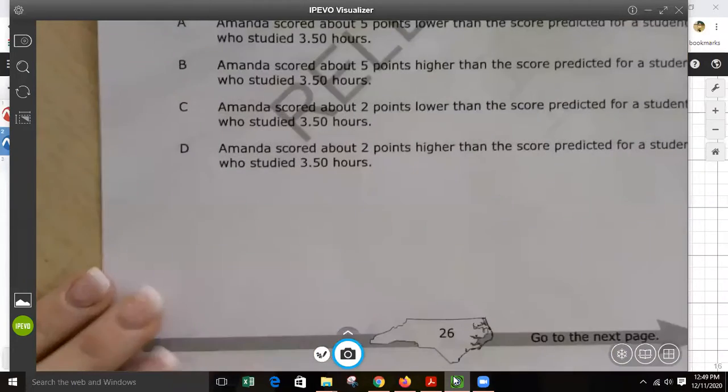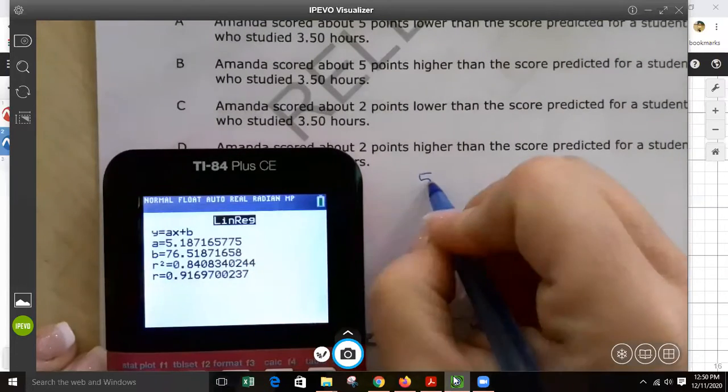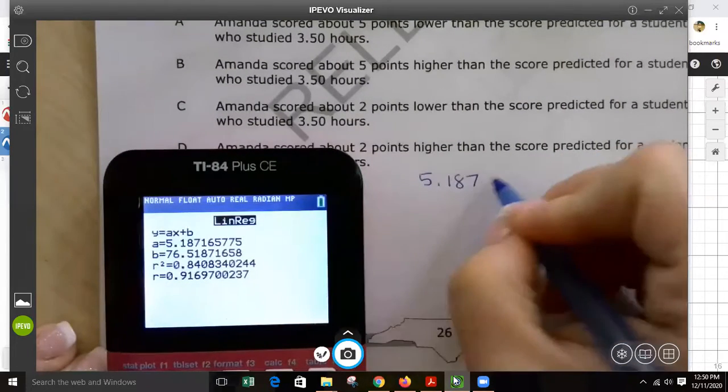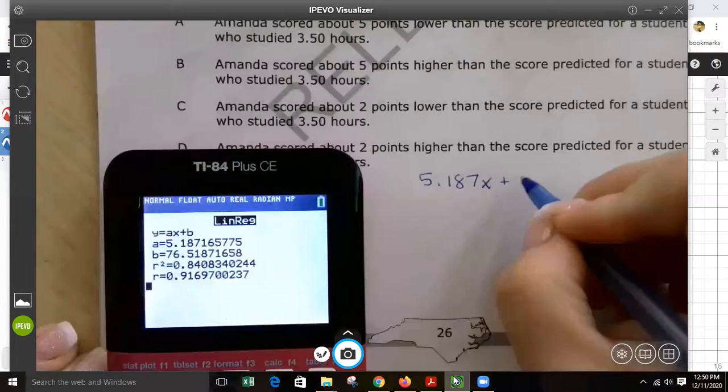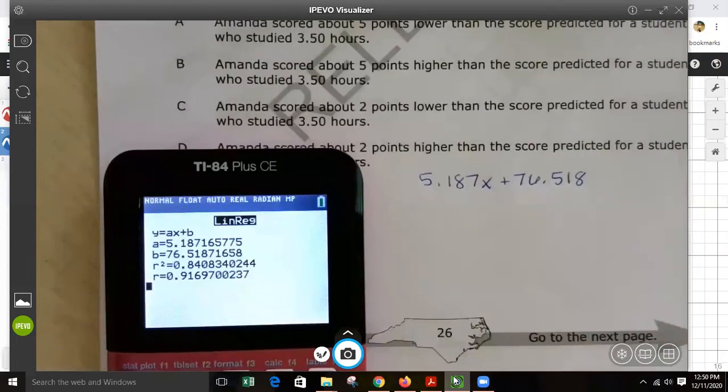So here's what you do. I'm going to write these decimals down. 5.187x plus 76.518. And I just do 3 decimals so that I can get it as accurate as possible without having to worry about rounding, okay? That way I know I'm not going to screw it up.